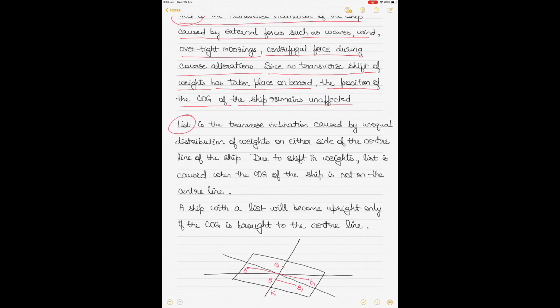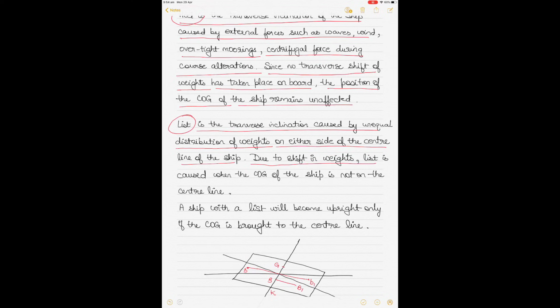So what is list? List is the transverse inclination caused by unequal distribution of weights on either side of the center line of the ship. So list involves distribution of weights, cargo. It has nothing to do with natural phenomena like winds and waves or conditions like moorings.